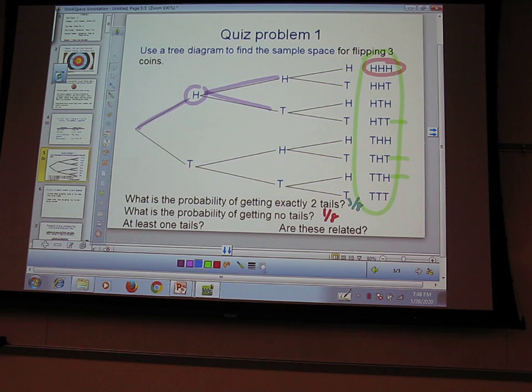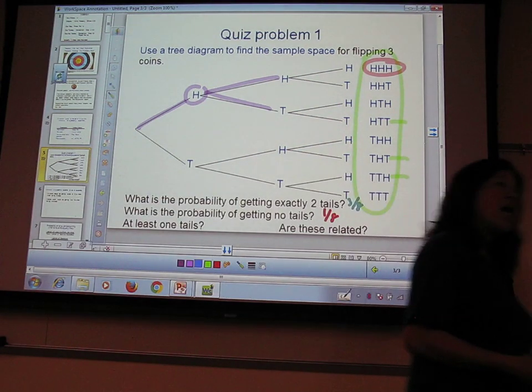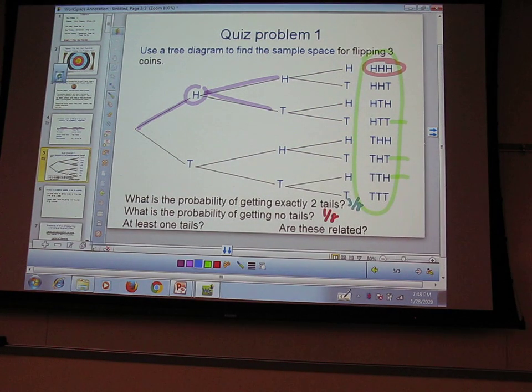What about at least 1 tail? So again, at least 1 tail. If I have at least 1 sibling, how many siblings do I have? 1, or 2, or 3. When they say at least, like you must be at least this tall to ride this ride, that doesn't mean you have to be exactly that tall. You can be taller also.